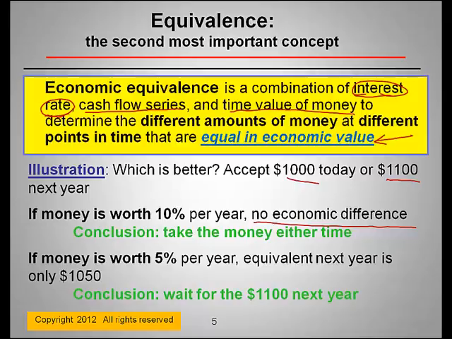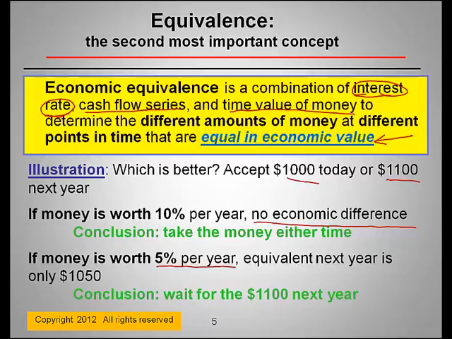Now you should note that your decision to accept the gift now or later is a function of the interest rate from an economic perspective. However, if you do take the $1,000 now and forego the $100 extra a year from now, you have set aside the economics of the 10% gain. Let's suppose that money is worth only 5% per year rather than 10%.